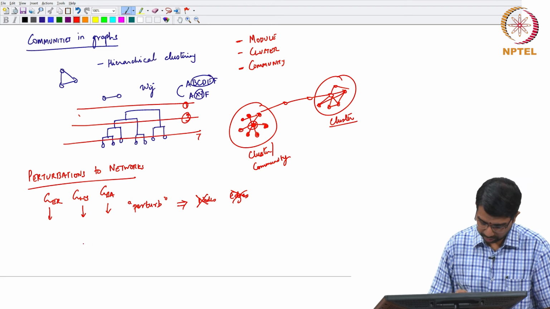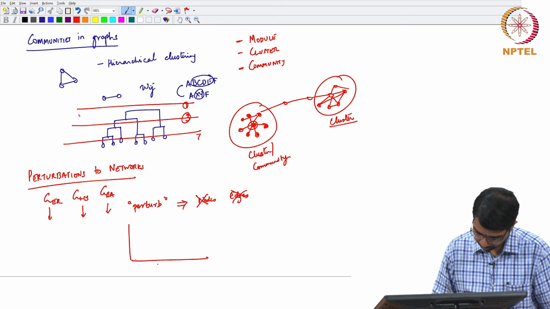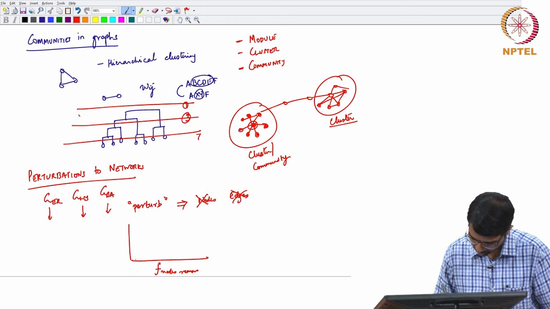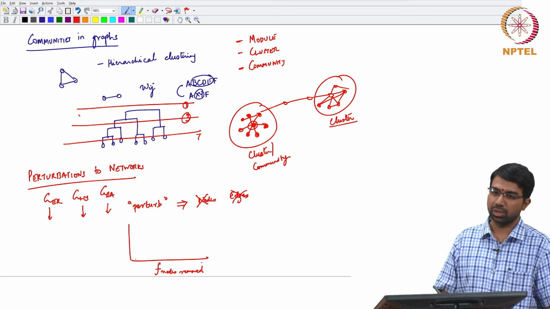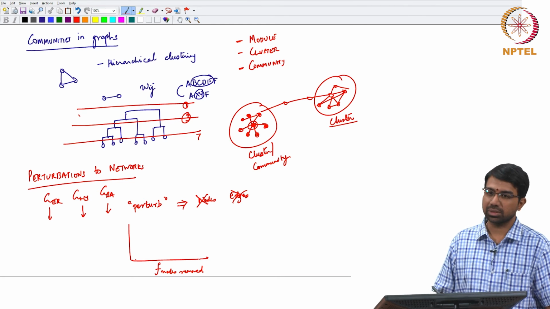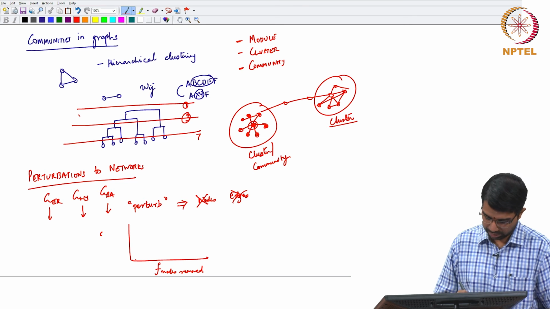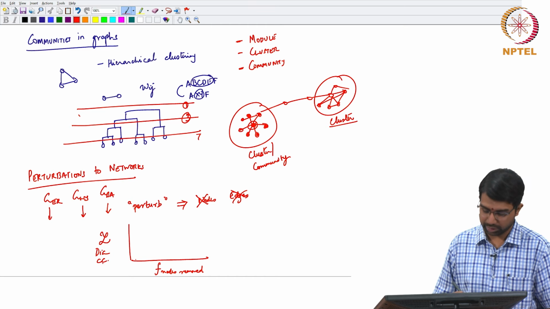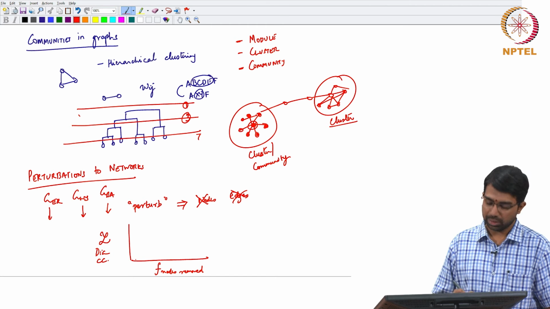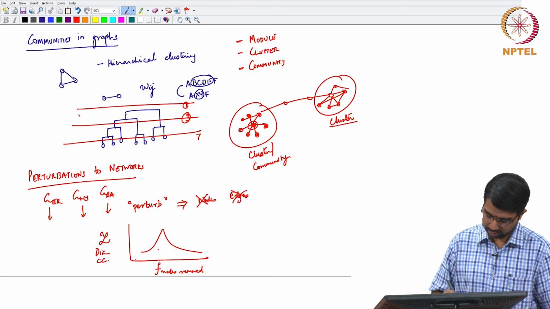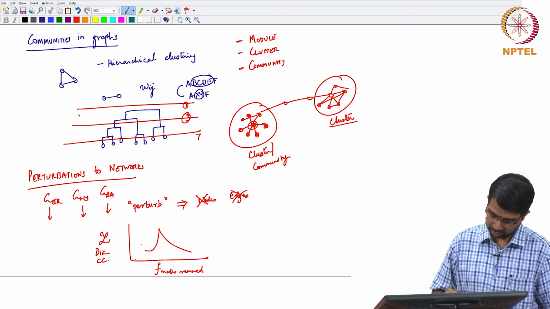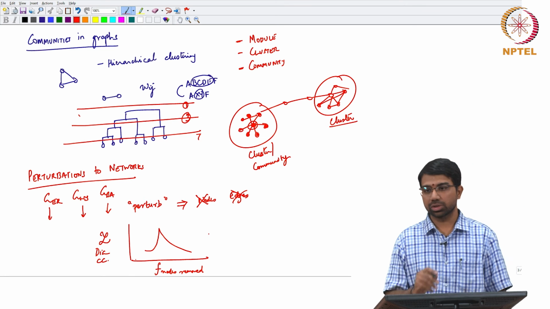And a typical study to do is fraction of nodes removed on the x axis, y axis is some parameter that you are studying. It could be L, it could be dia, it could be clustering coefficient, whatever, right. And you might find something like this, or rather something like this, and so on, right. This is something you should study.